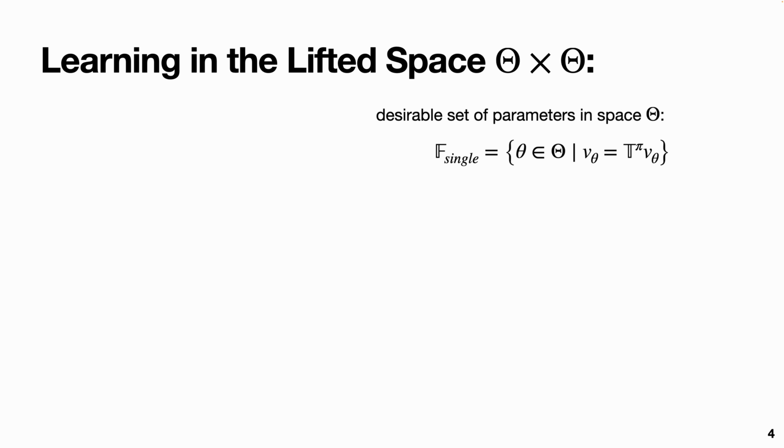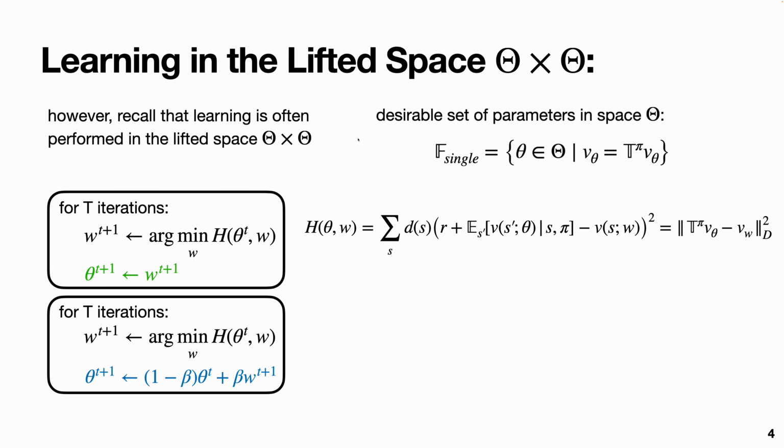Now let's take this set F single and think about the previous algorithms that I introduced in the second slide. The important realization in this paper is, whereas we define the ideal set of parameters in the space theta, the actual learning is often performed in a lifted space, theta times theta.